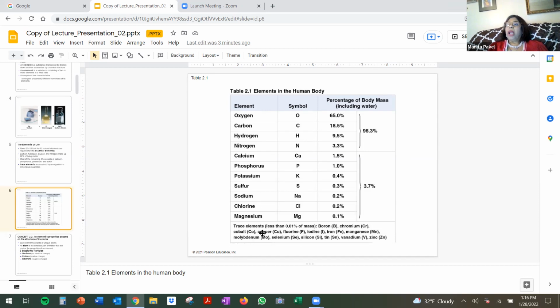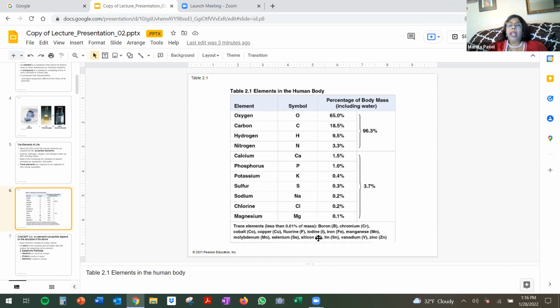However, there are some elements called trace elements. From the very word trace, these elements are required in our bodies in small quantities. And those elements will be boron, B, chromium, Cr, cobalt, Co, copper, Cu. It's derived from the Latin name cuprum.